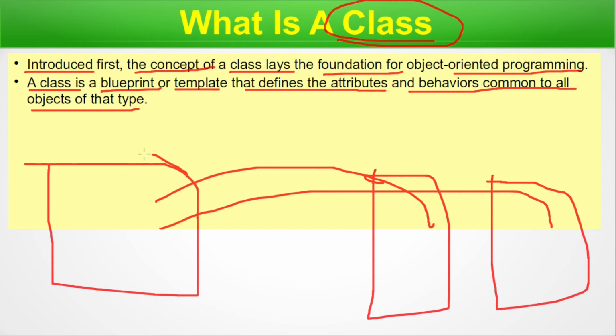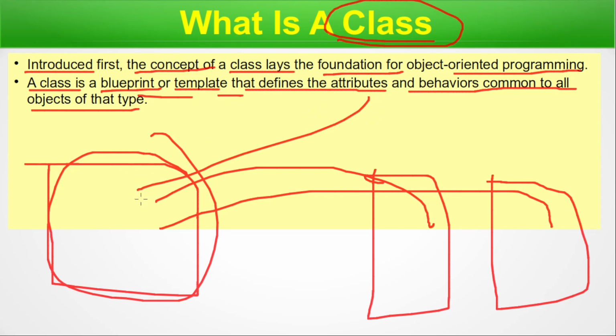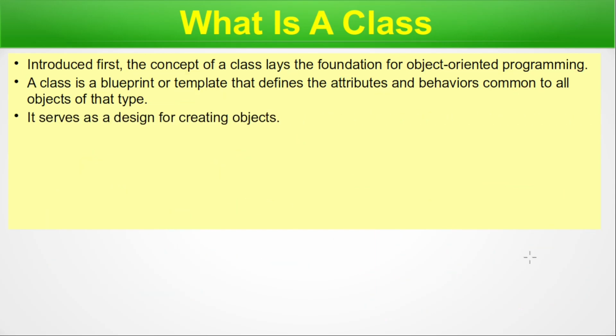But the class will have a generic definition, which is called the blueprint or the template, and it will have the attributes. Attributes are mentioned here as generic, and the attributes become specific for each of the objects. It serves as a design for creating objects. You can say it's a prototype, so from there you can create multiple objects.